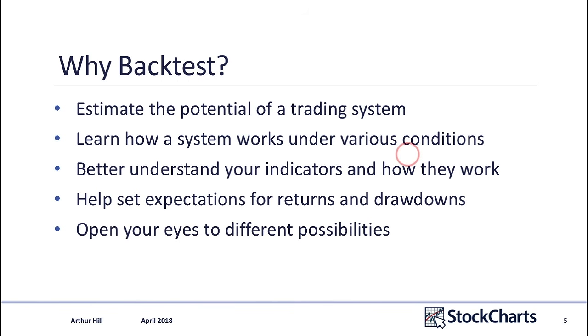And finally, when you backtest your ideas, it opens your eyes to different possibilities. And that's very important that we keep an open mind when we are analyzing the stock market or stocks. We need to keep an open mind because anything is possible.